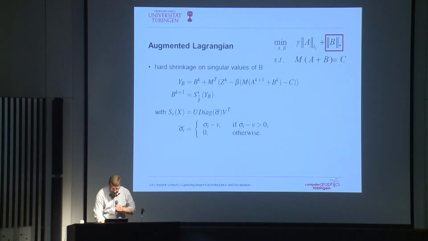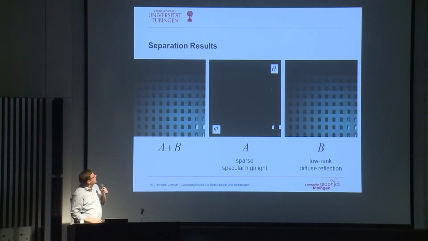Putting all that together, we get a scheme. Here, for example, is the result which we get with the incident direction now split up into theta and phi. This is the original full reflectance matrix of a mirror on top of a more or less diffuse reflector.